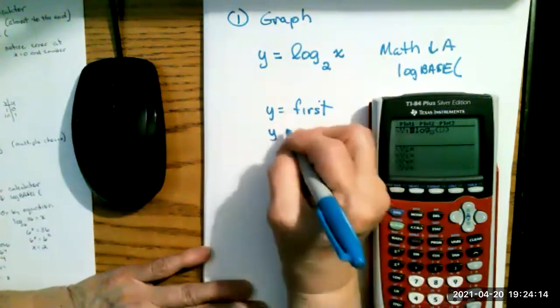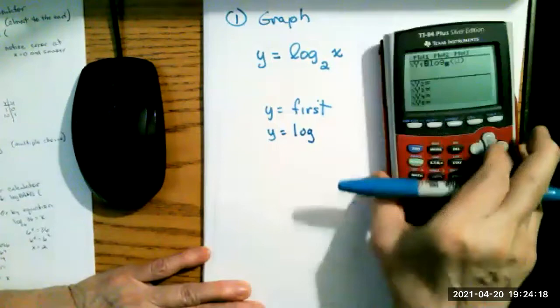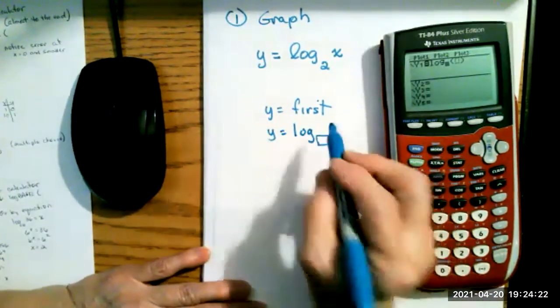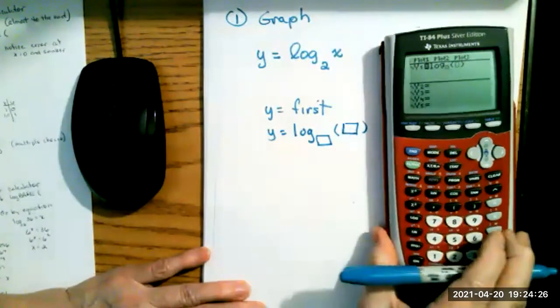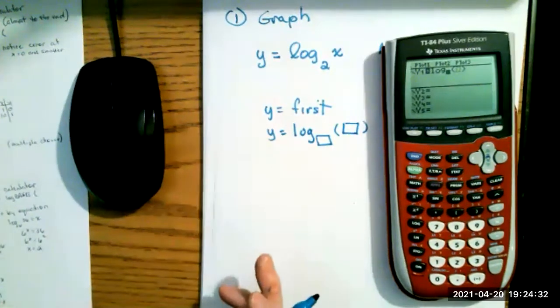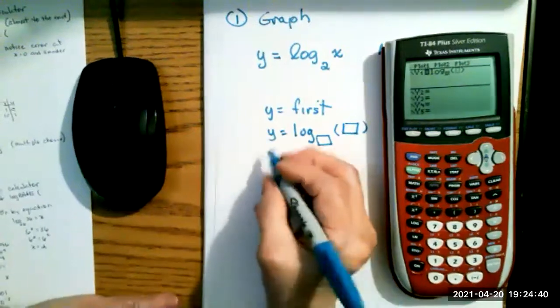When I do, it's going to put log, and it's going to put a little box down here, and a parentheses with a box here. Do you see that? All right.